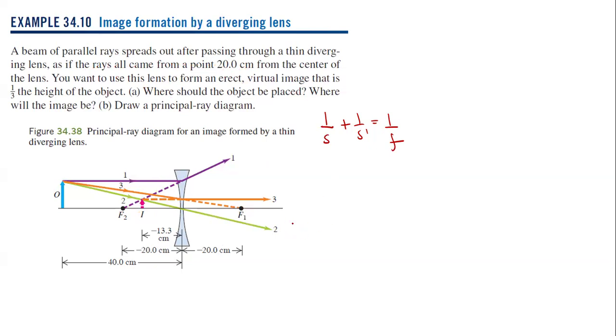Both are negative 20 centimeters, since this is a diverging lens. So to find the object's distance, 1 over s is equal to 1 over f minus 1 over s prime.